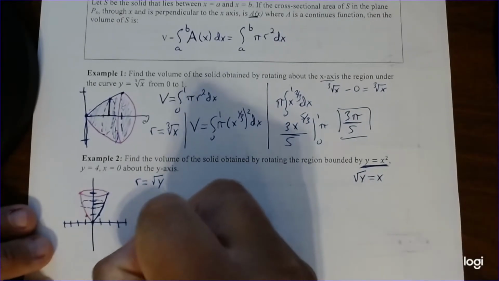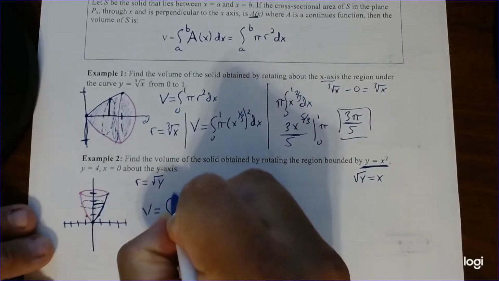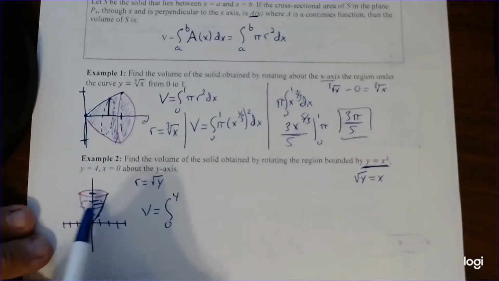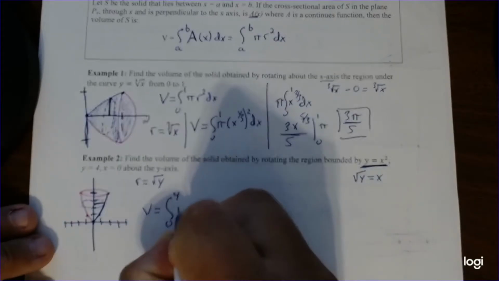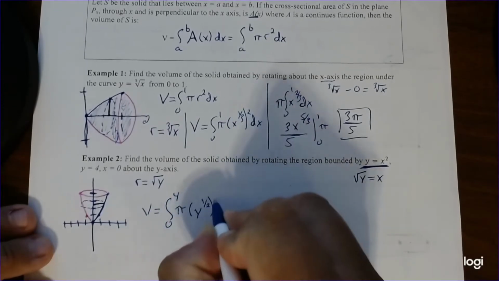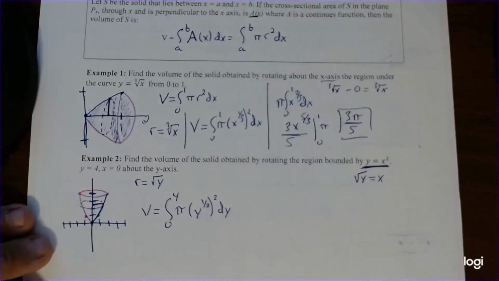So our volume is from 0 to 4. Again, not from 0 to 2 here. We're rotating on the y-axis, so we're going this way. This is perpendicular to y, so we have to integrate with respect to y of pi r squared. I'll put this into its exponent form, and notice those cancel, which is super nice.